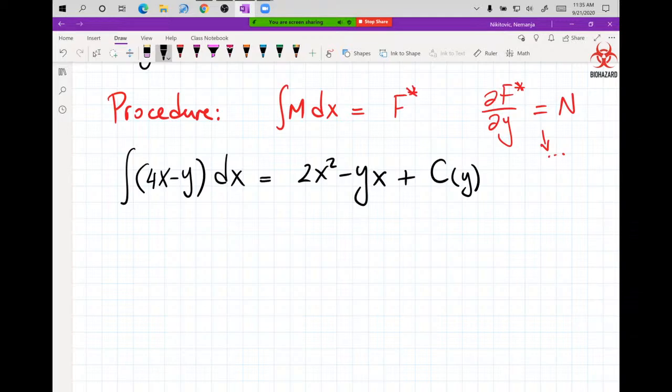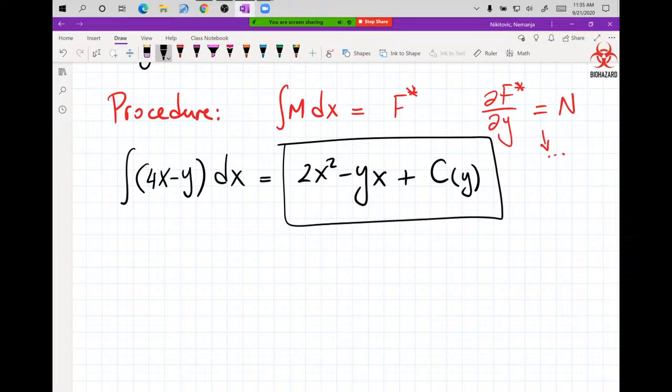The reason why this must be a function now is because you are actually doing partial integration here. You're integrating in respect to one variable where there is another variable y. And think about this. If you are to check your work and take the derivative of this, if this was 10y squared, when you take the derivative of it, it still would be 0 and it would still fit here.